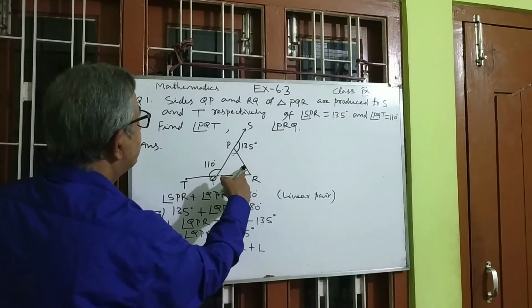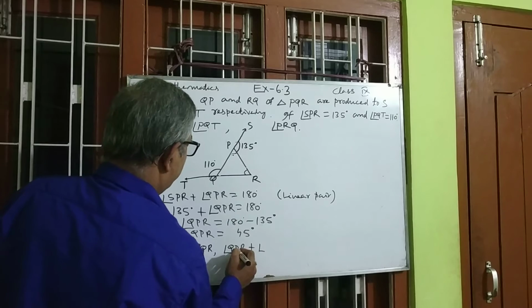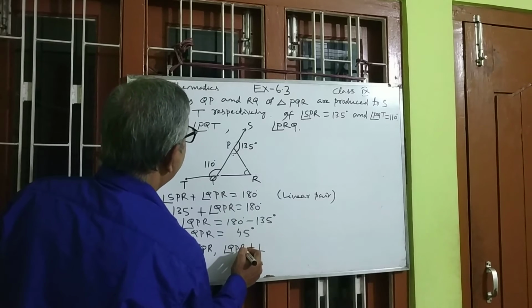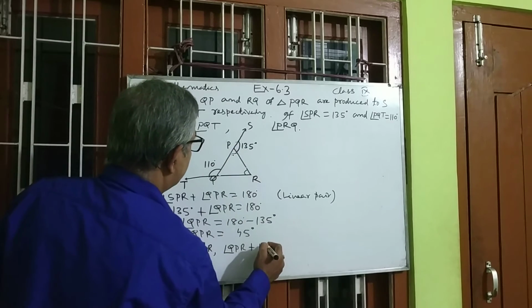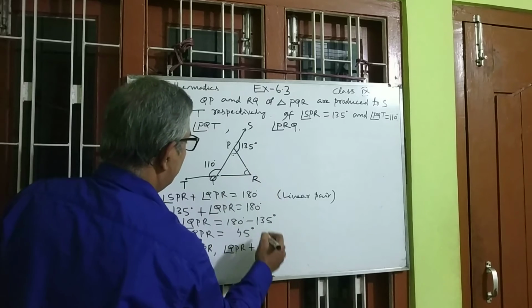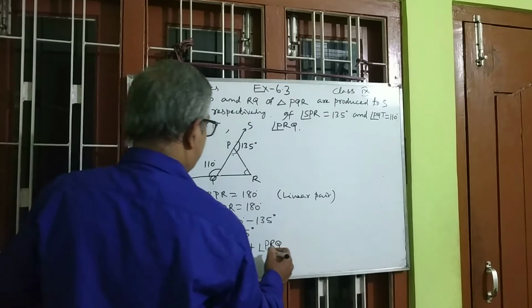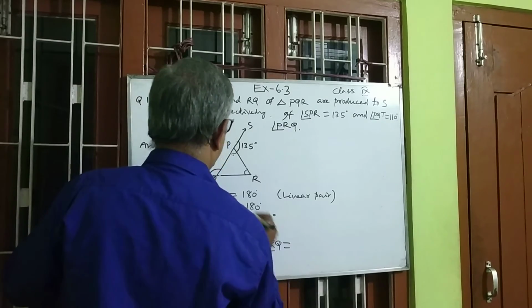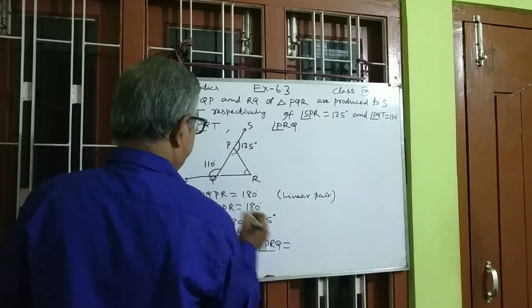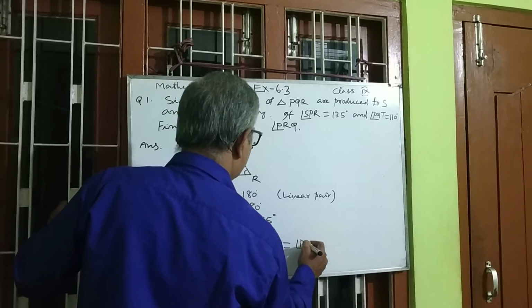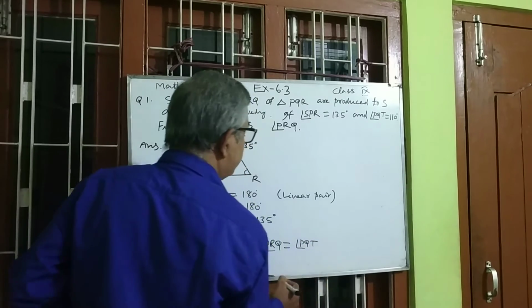This angle plus this angle is equal to this exterior angle: angle QPR plus angle PRQ is equal to angle PQT. Why is it so?